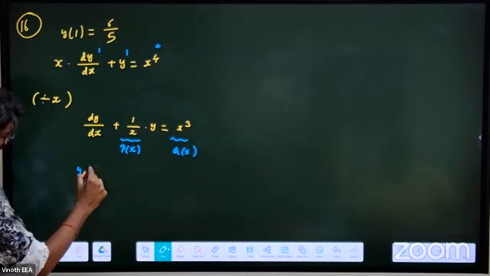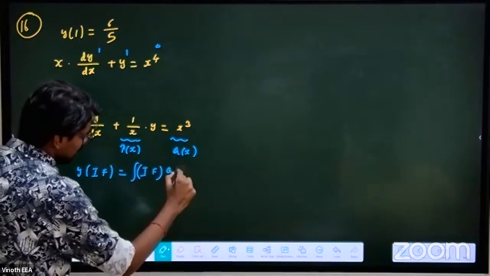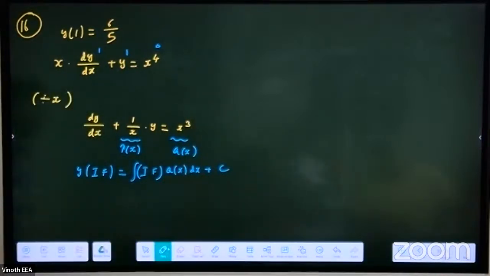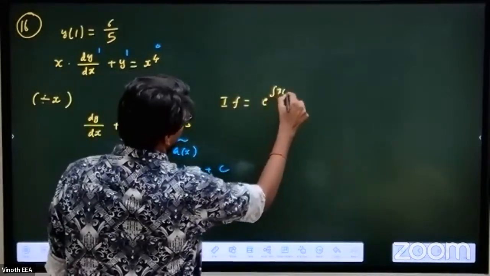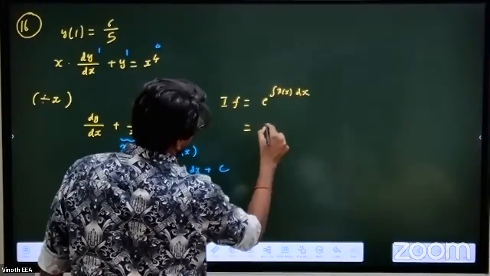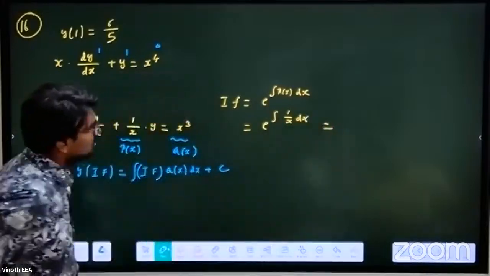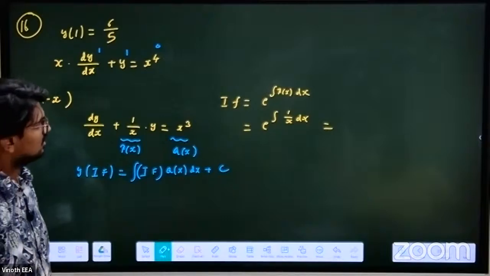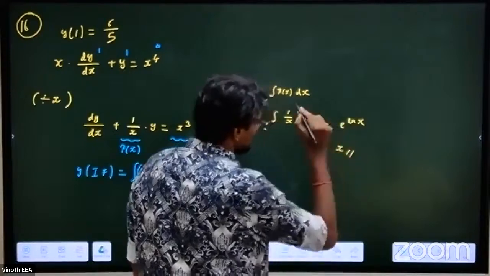My equation is y into integrating factor, which is equal to integral of integrating factor into Q of x dx plus C. Integrating factor is e power integral of P of x dx. P of x is 1 by x, so the integration is e power ln of x, which is equal to x.